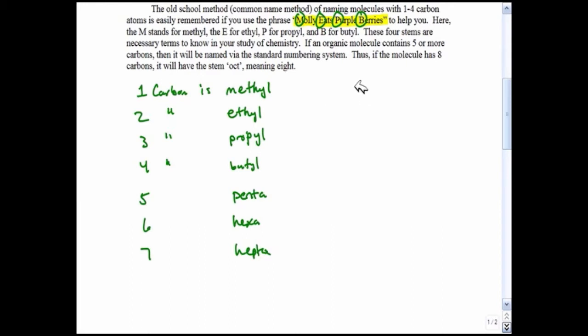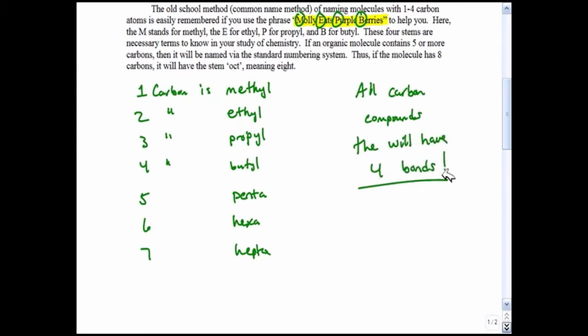One other note is that for all stable carbon compounds that we'll ever talk about, the carbon will always have 4 bonds around it. So if we have something like methane, we know that it's got 4 bonds around it.